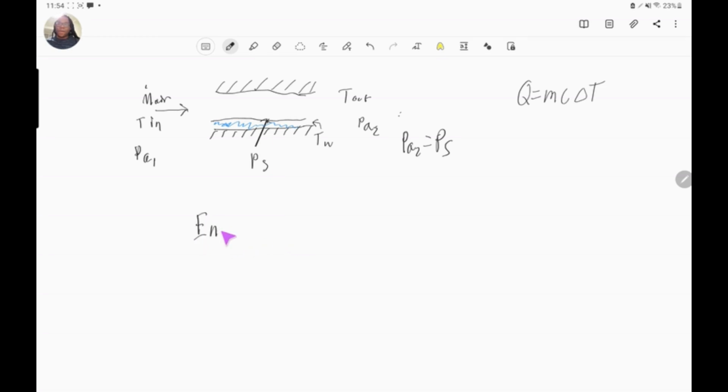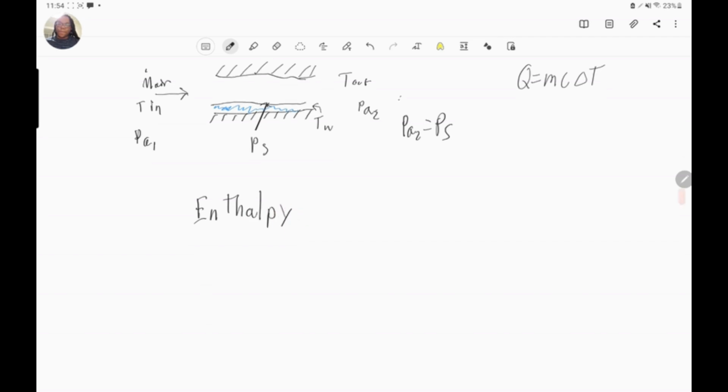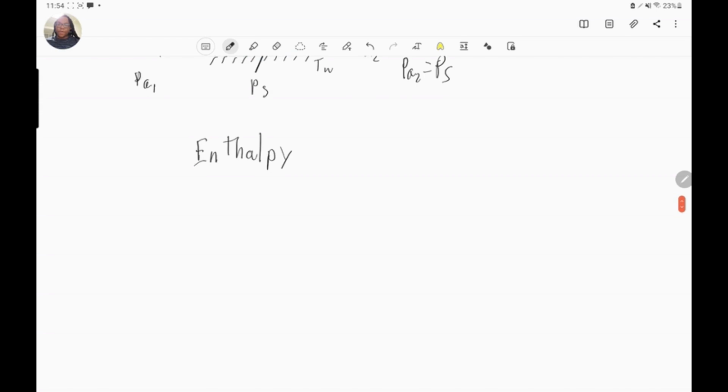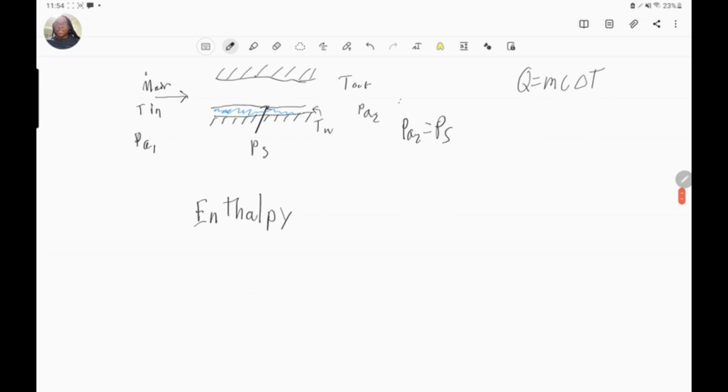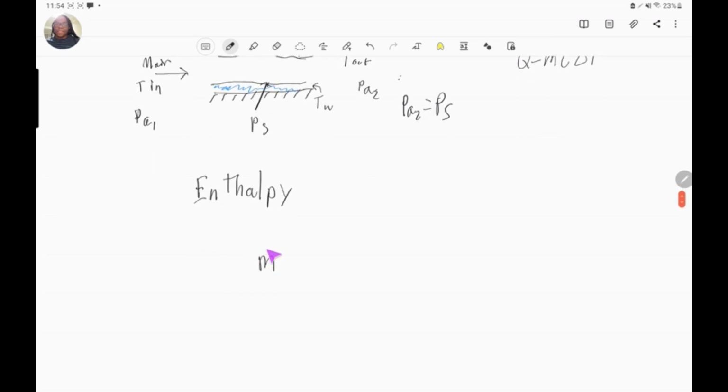So we have our enthalpy going in. The equation for enthalpy is up here: Q equals MC delta T. So we have our mass of air going in times our CP, our specific heat, times delta T. Because this is enthalpy going in, let me rewrite this.